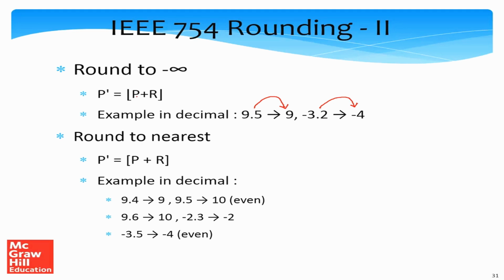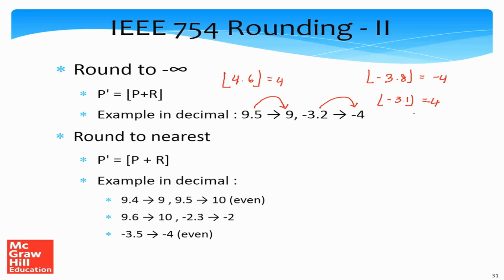Mathematically, we add R to P, and we take the floor of the value. Floor means go to the lower integer. For example, 4.6, the floor is 4. Minus 3.8, we go to the integer that is lower than it, that is minus 4. Even for minus 3.1, we go to the next lower integer, which is minus 4.